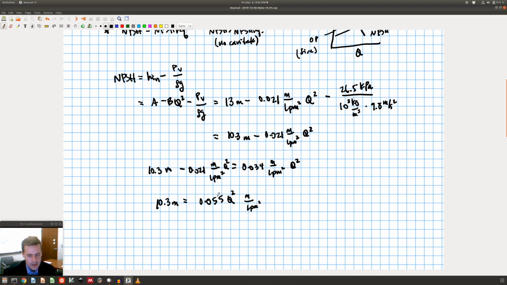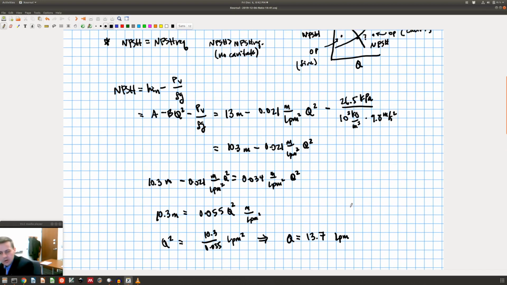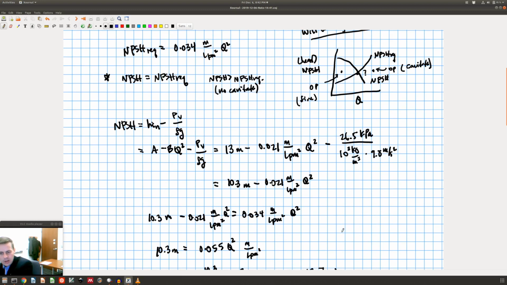Now I'm going to divide on both sides, and I get Q squared is equal to 10.3 divided by 0.055, and the meters will cancel, and I have liters per minute squared. Now I can take the square root, and Q is equal to 13.7 liters per minute.